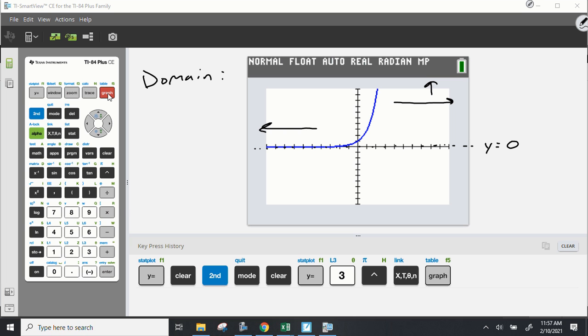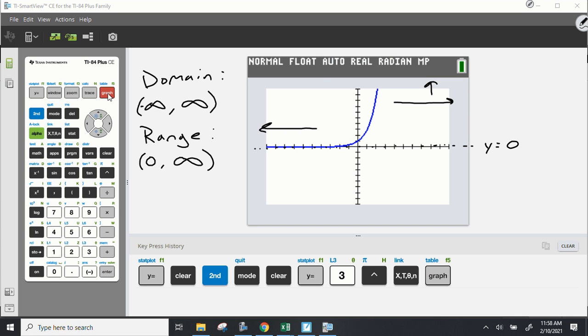So that means that our domain is all real numbers, or contained in the interval from negative infinity to infinity. Let's talk about the range of this function real quick. So our possible y values, well, we know that y cannot be 0 or less than 0. We can see that from the graph, but it looks like our y values can go all the way up to infinity. And so there's our domain and range.